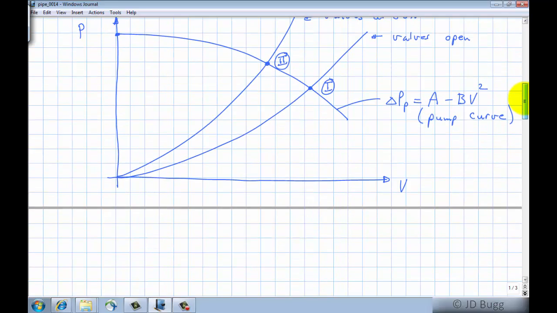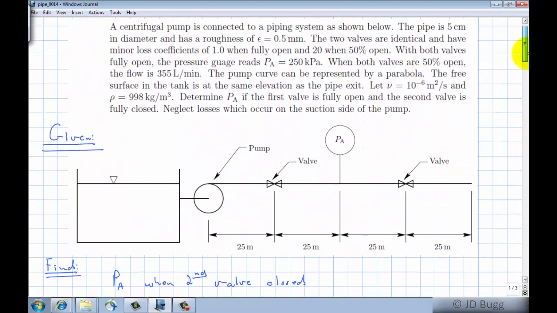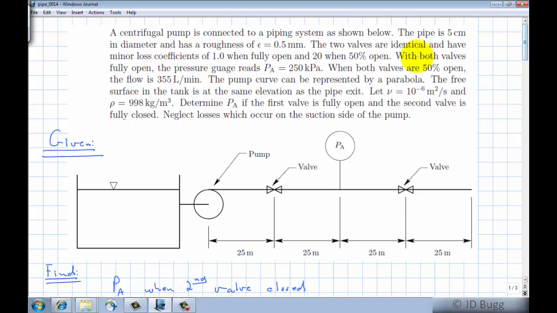So we're going to start off by looking at operating point 1. Now, what do we know about operating point 1? Well, it says with both valves fully open, the pressure gauge reads 250 kPa. So that pressure gauge is right here. So we know that from here to here, the pressure goes from 250 kilopascals down to 0.